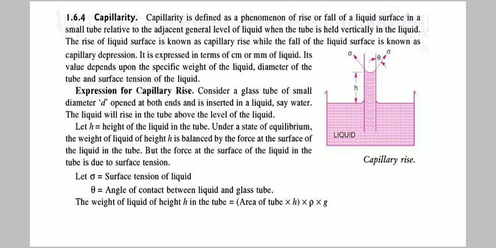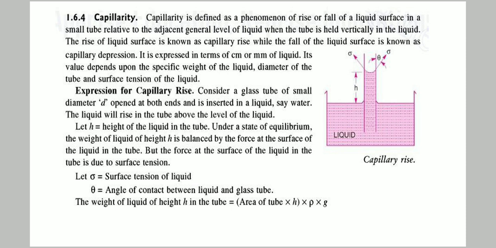Under the state of equilibrium, the weight of the liquid of height h is balanced by the force at the surface of the liquid in the tube. But the force at the surface of the liquid in the tube is due to surface tension. So this weight is balanced by the force on the surface of liquid, which is surface tension, and let sigma be the surface tension and theta be the angle of contact between liquid and the glass tube as shown in the figure.